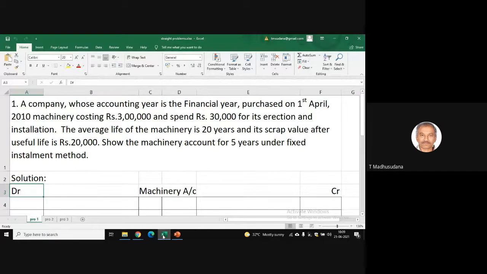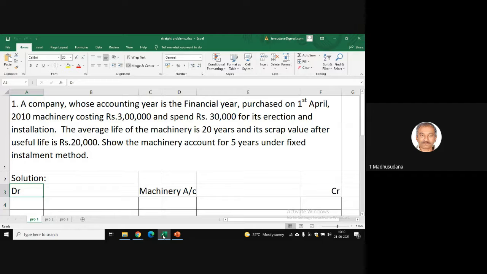A company whose accounting year is the financial year purchased on 1st April 2010 machinery costing rupees 3 lakhs and spent rupees 30,000 for its erection and installation.